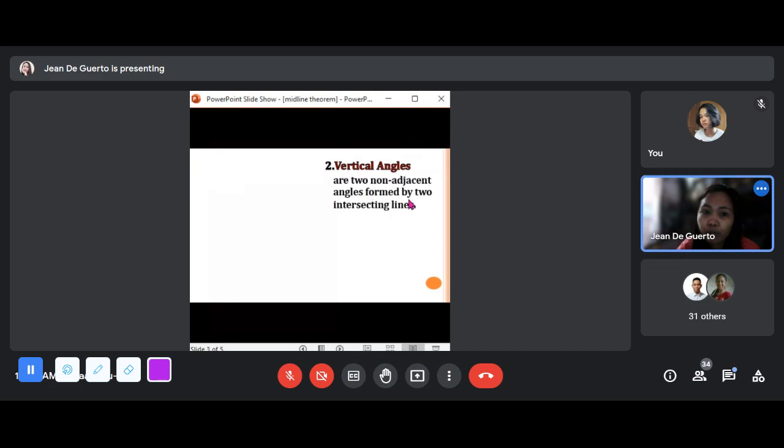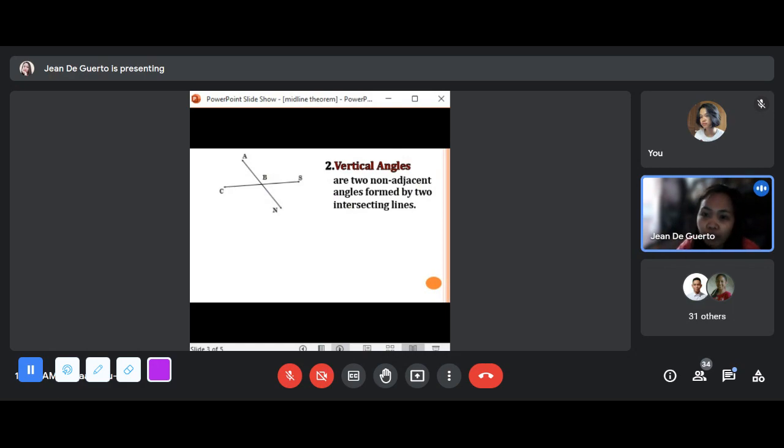So when we say vertical angles, they are two non-adjacent angles or opposite angles formed by two intersecting lines. If we have these two intersecting lines, line AN and line CS, they intersect at point B. So meron tayong apat na angles na na-formed. What are the two pairs of angles that we have?